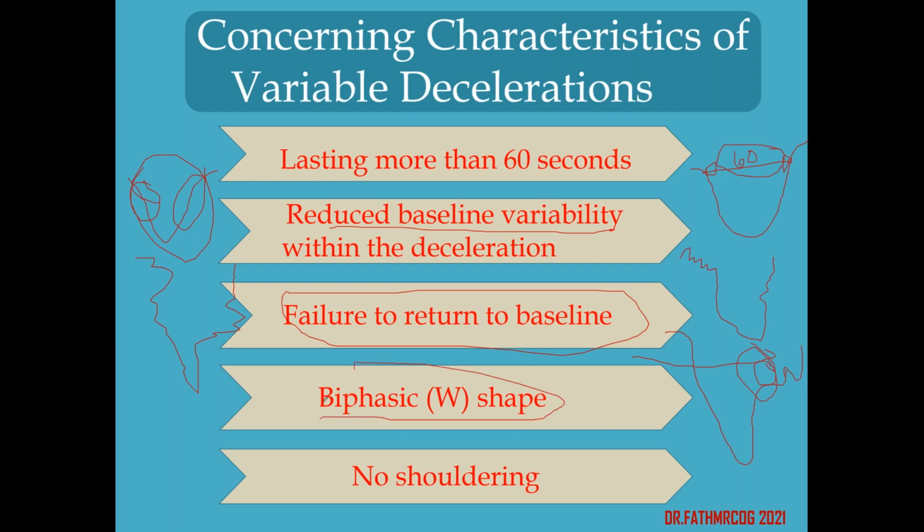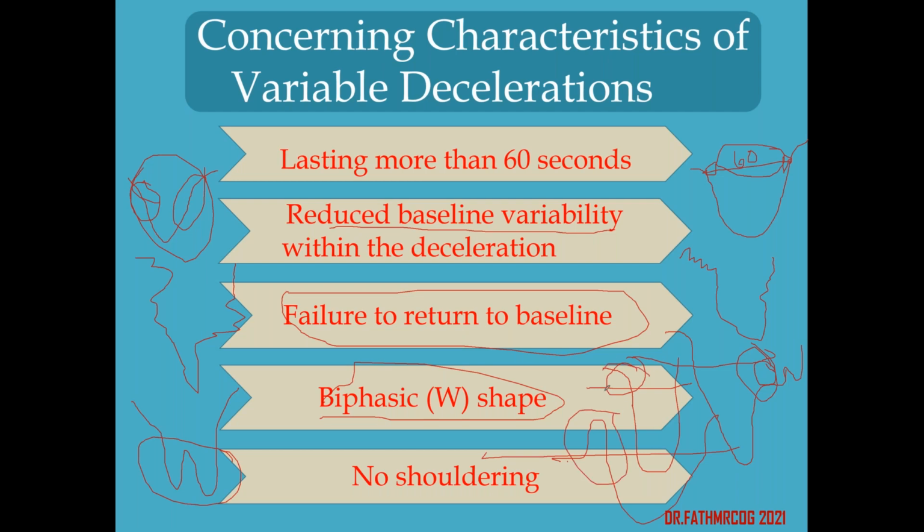Then the biphasic shape, like that, and no shouldering. Normally there is shouldering. This is the baseline and normally there should be shouldering, but here there is none.